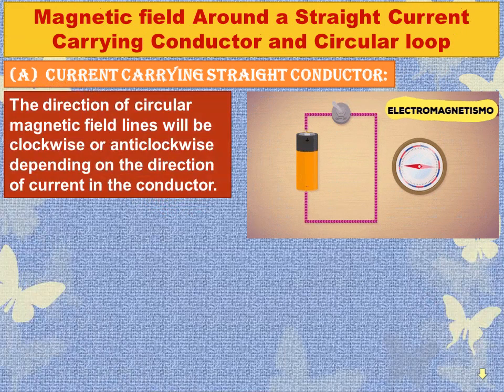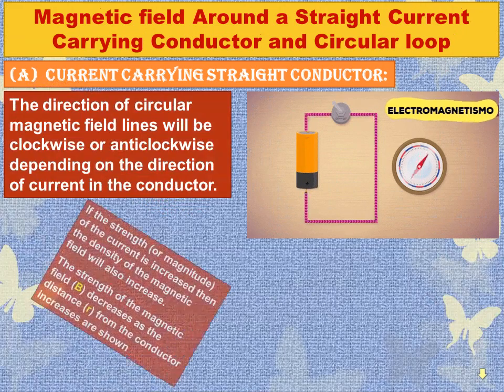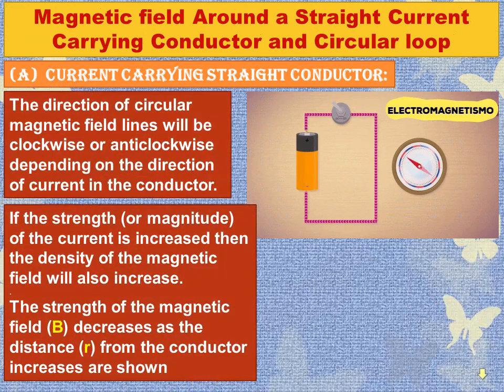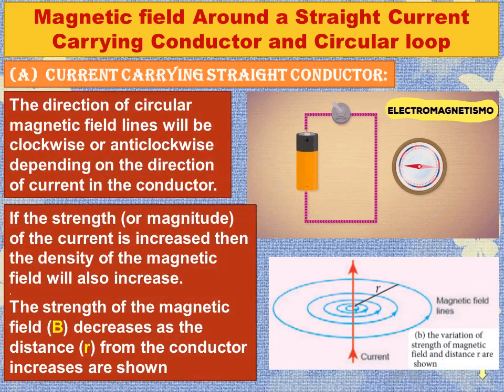The direction of circular magnetic lines will be clockwise or anti-clockwise depending on the direction of the current in the conductor. This you can see in this picture. The direction of the magnetic field lines and the variation of strength of magnetic field and the distance r are shown here in this picture.